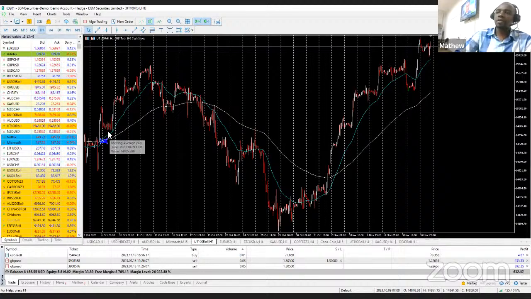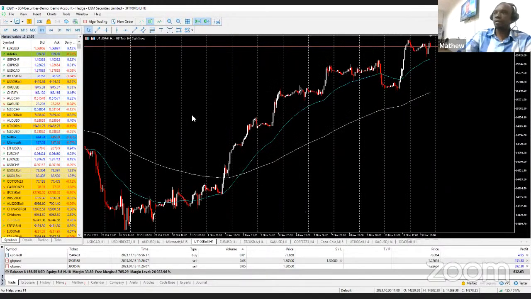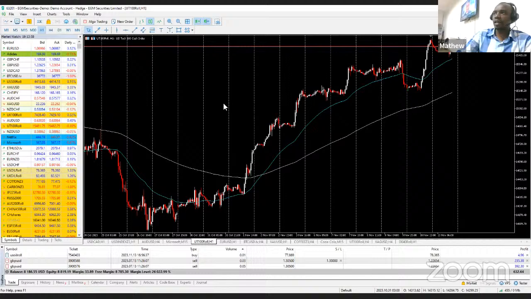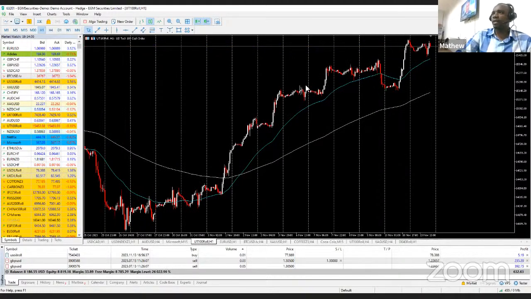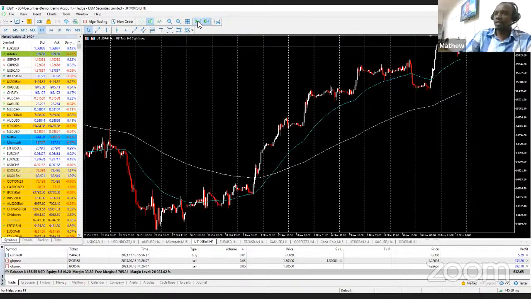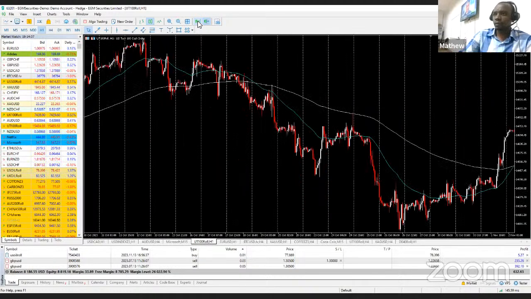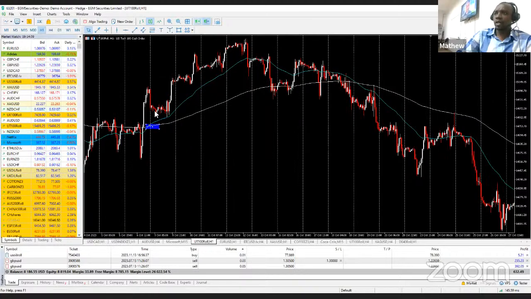If the market comes back to the 50 EMA, in this case, the blue EMA over here, it will give a better signal for you to enter that market, right? And we can see clearly that would have been a better signal. So you can see the market retrace to the 50, and then we can see that uptrend.